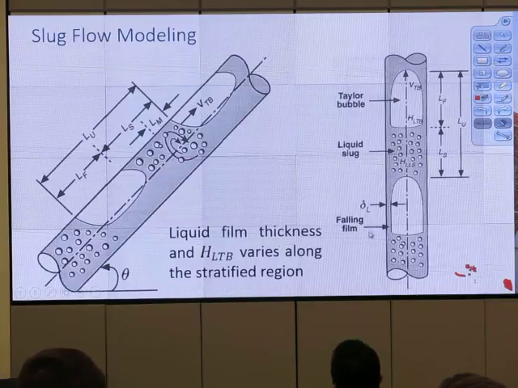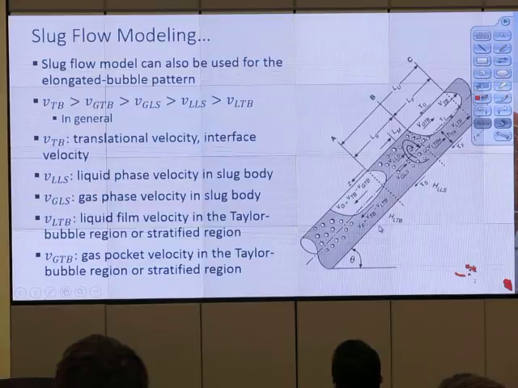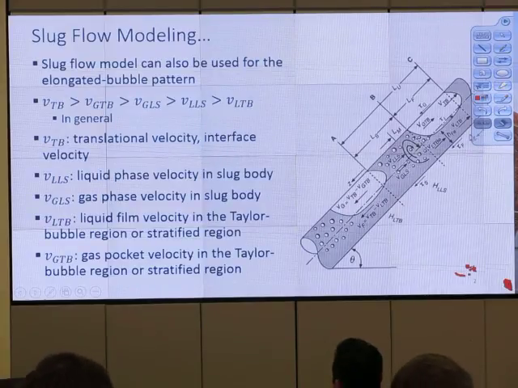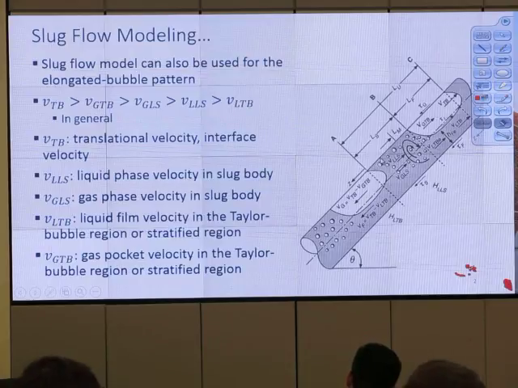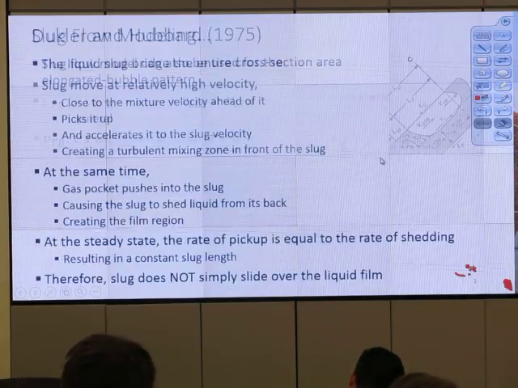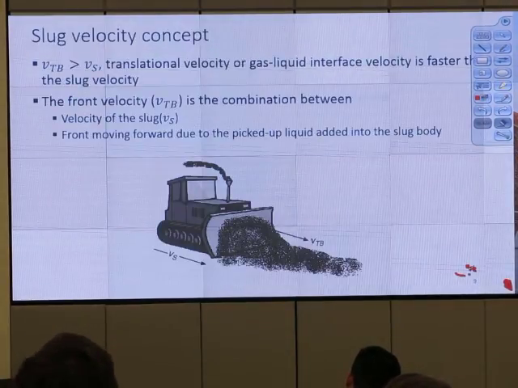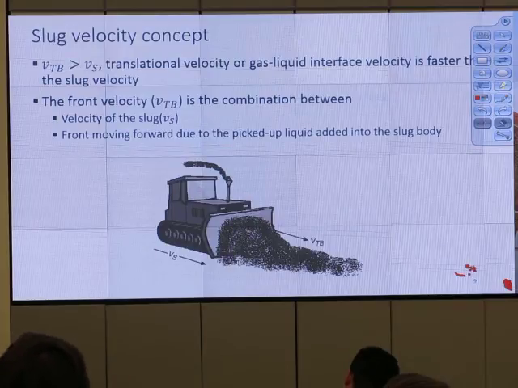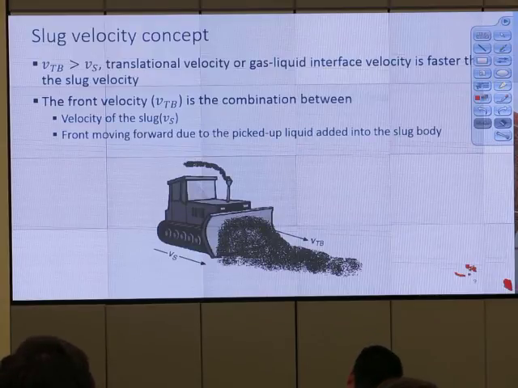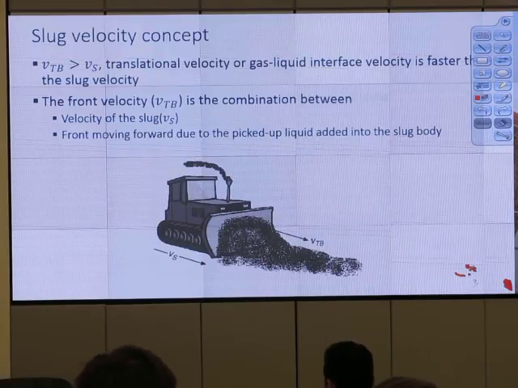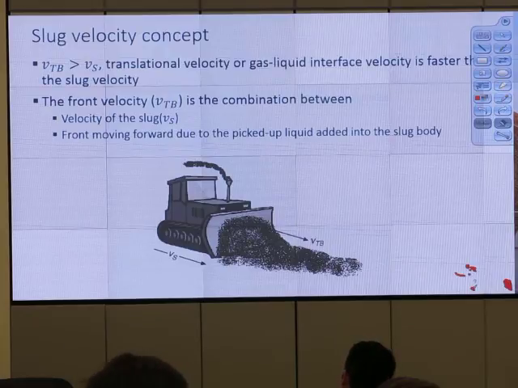The purpose of this lecture is to go through in a little more detail how to do calculation of slug flow. You see the tractor in your book, right? This picture tells you that the tractor moves at the speed of Vs, the slug velocity.